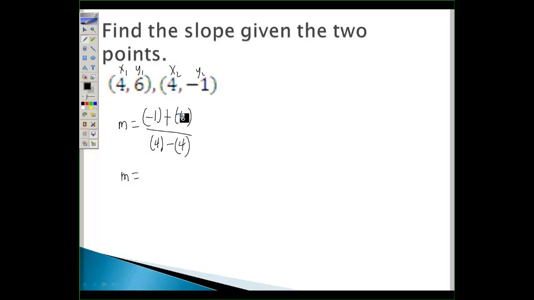On the top, -1 plus -6 is -7. And then on the bottom, we have 0. Now this is special because we don't know how many times 0 can go into -7. It could go in once, twice, 3 times. Okay, it's not a definite number. So what we're going to call this is an undefined slope. The slope is undefined.